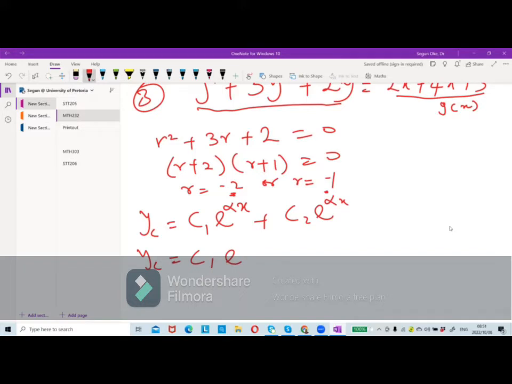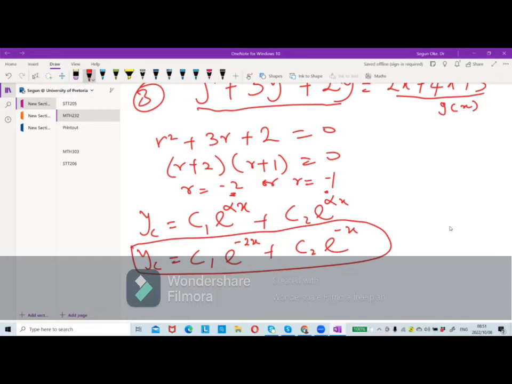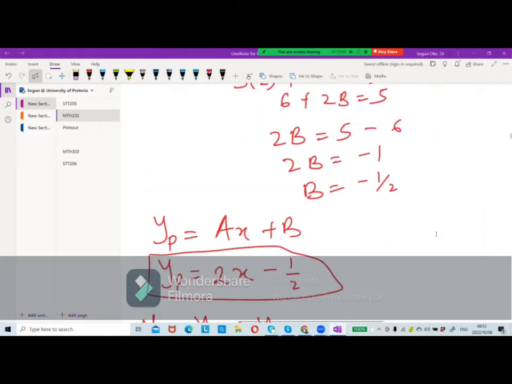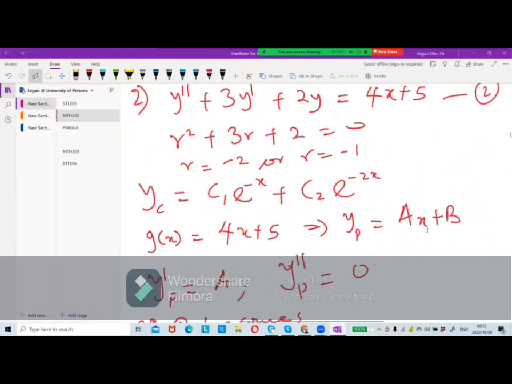So yc equals c1 exponential minus 2x plus c2 exponential minus x. This is the complementary solution that we are solving. So we can go ahead and look for our g of x. Now we have the table. You discover that this is a quadratic. Let's quickly go to our table.